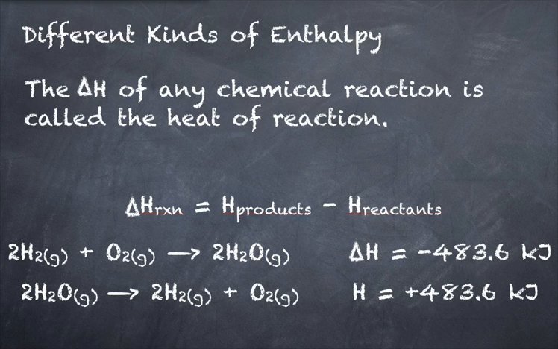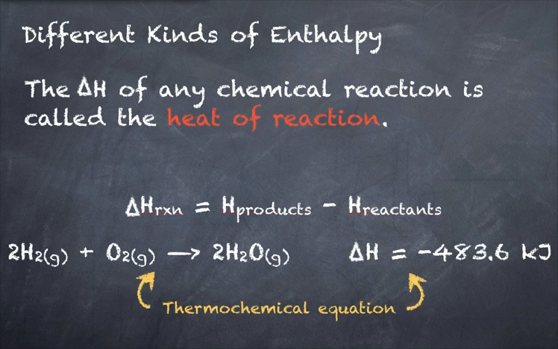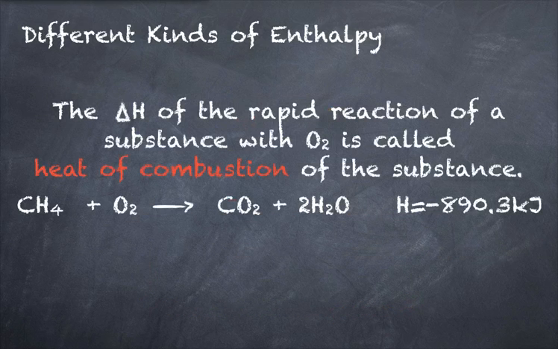If you were to go backwards and take water and separate it into oxygen and hydrogen, like we did with the battery and the water and the platinum wire, it actually takes energy to do that. It takes the same amount of energy that's released. It takes 483 kilojoules. So that's heat of reaction. This, by the way, is called a thermochemical equation. It's got the stuff that's reacting and how much energy is released or absorbed.